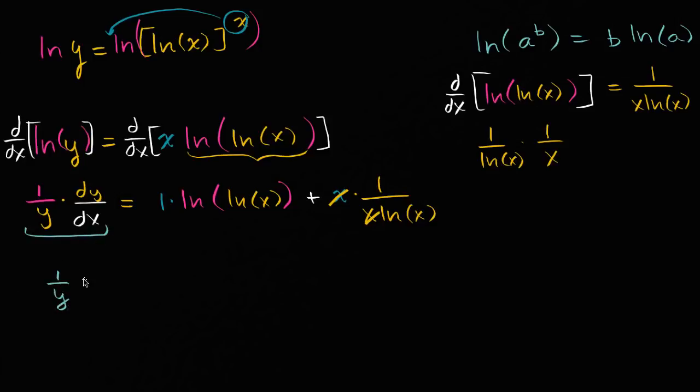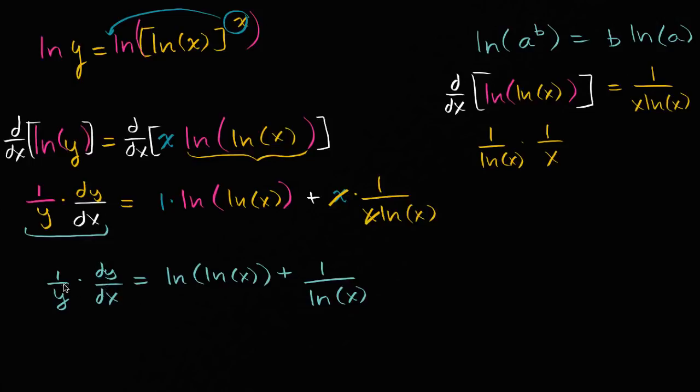So 1 over y times the derivative of y with respect to x is equal to the natural log of the natural log of x, plus 1 over the natural log of x.